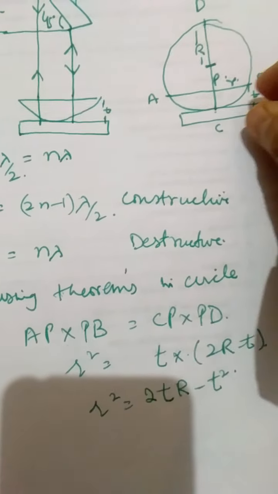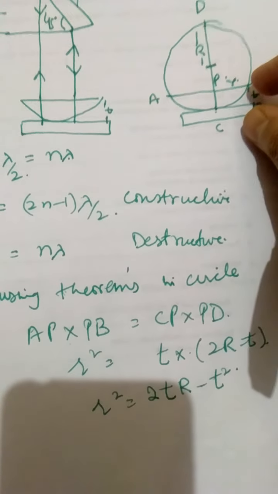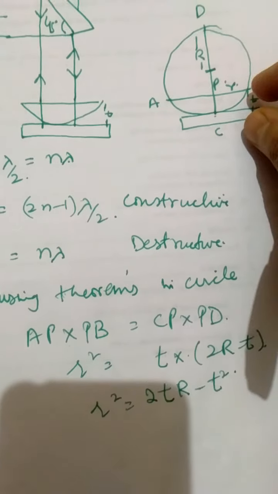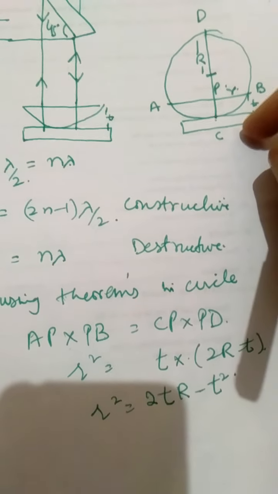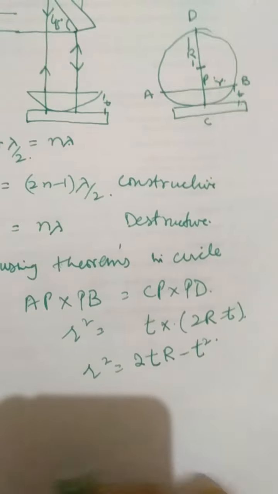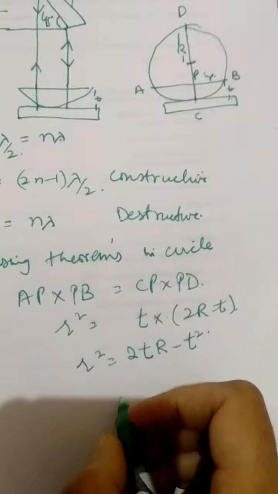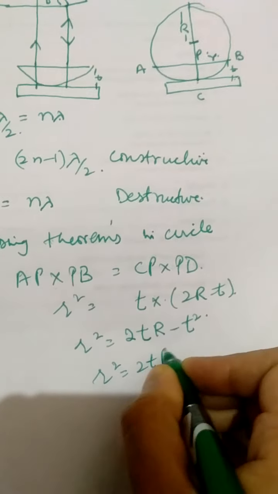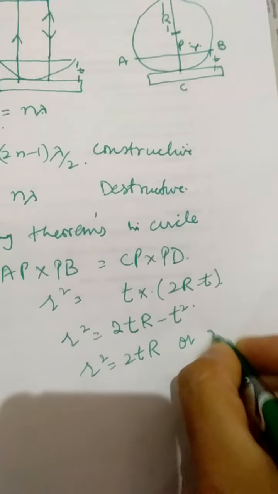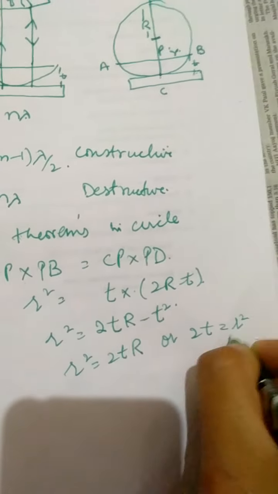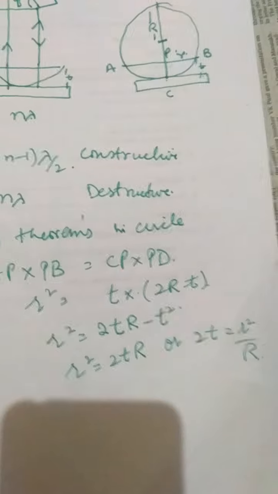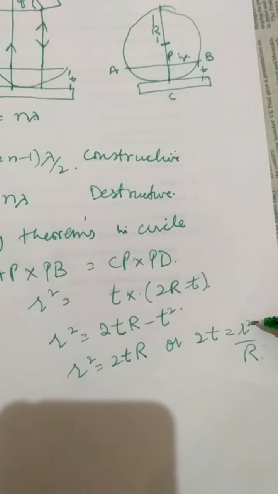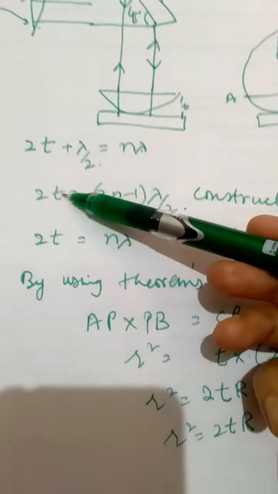We know that this plano-convex lens has trapped a very thin film with this plain glass, right? So the square of this T can be neglected. So in all we write that r square is equal to 2TR, or 2T is equal to r square by R. Now you can choose to put this value of 2T equal to r square by R here and here.